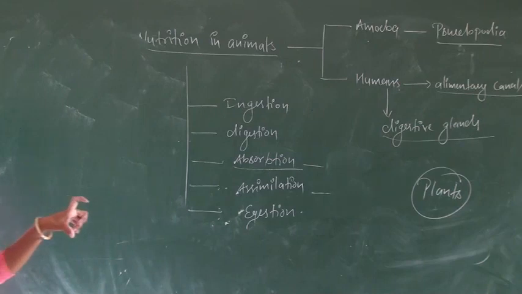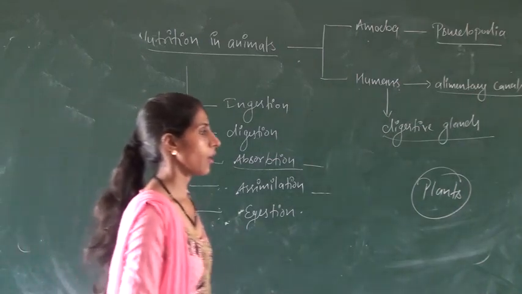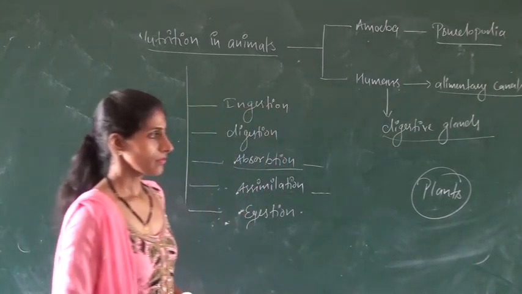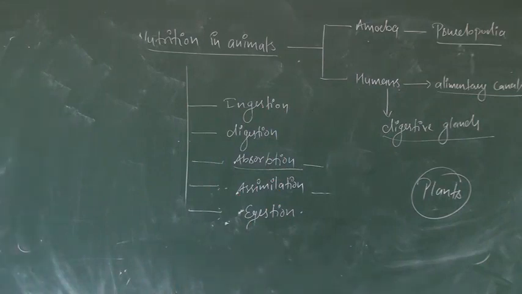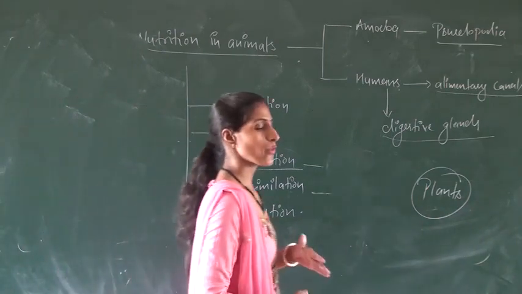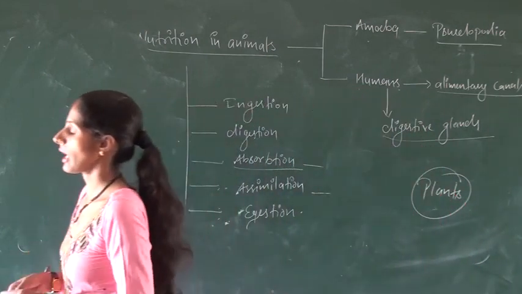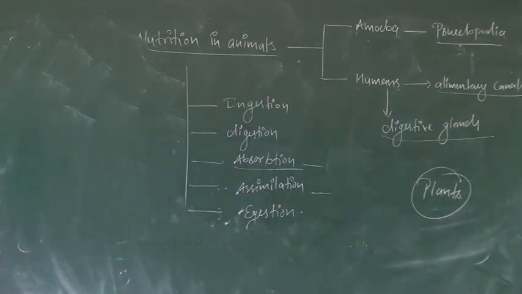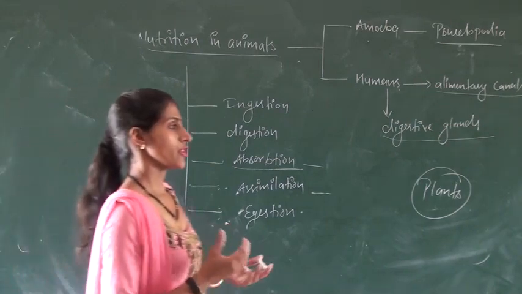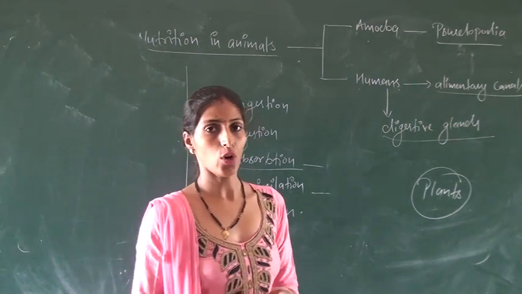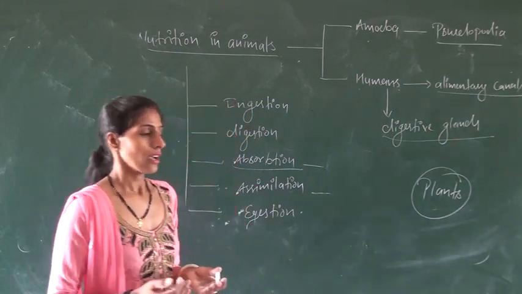Here, we will study how the rumination process of a cow takes place. The process of chewing and re-chewing, and the formation of cud, takes place in the stomach of the cow. What is the cud? Cud is a hard substance formed from cellulose in the stomach of the cow.